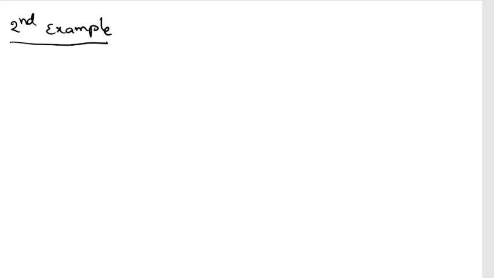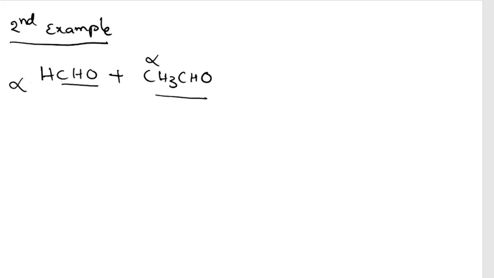Now let us see the second example. I am going to consider this time HCHO, formaldehyde, and acetaldehyde. Now listen carefully. If we consider this aldehyde group, there is no alpha carbon, and that means no alpha hydrogens.